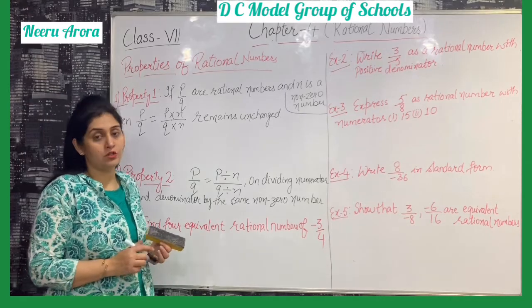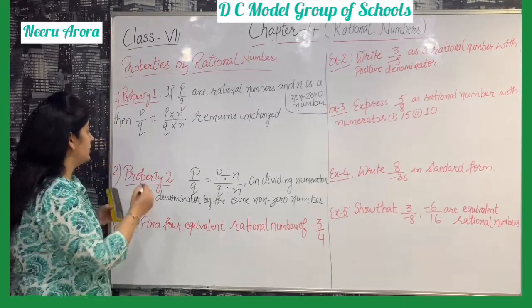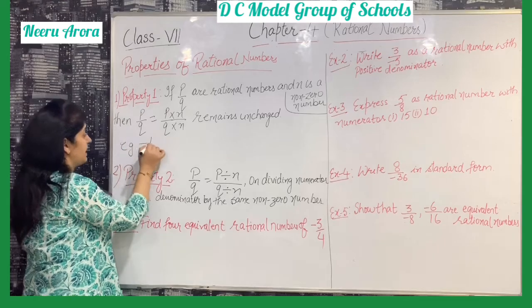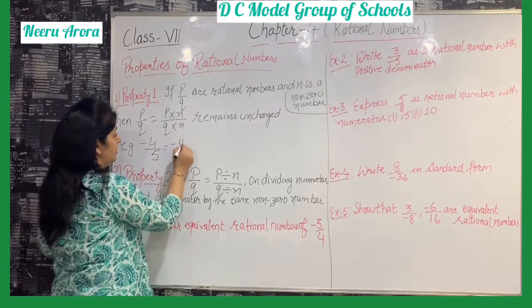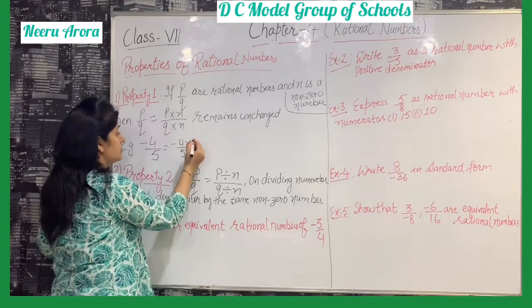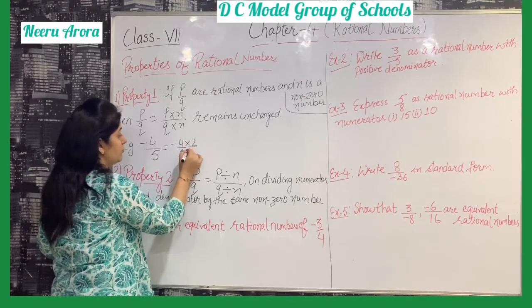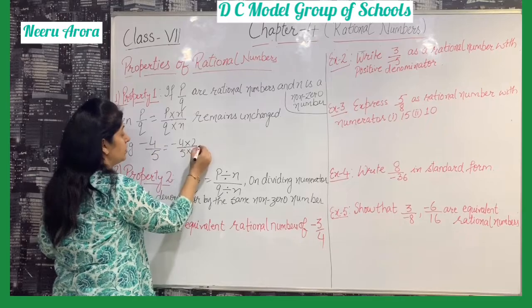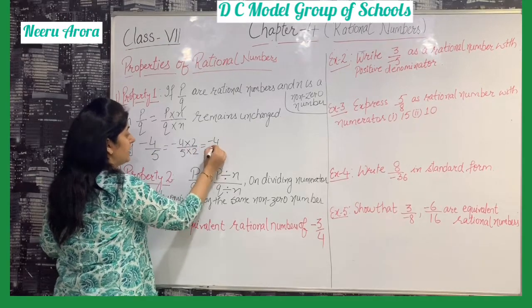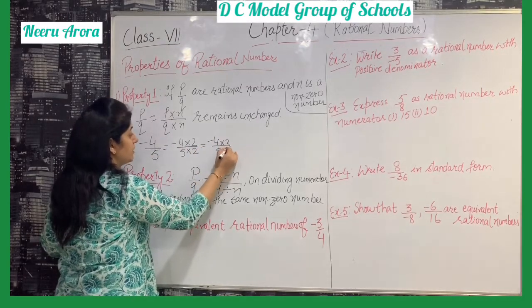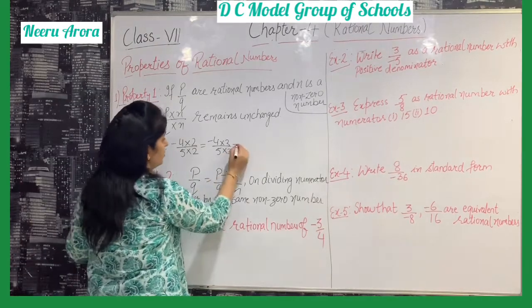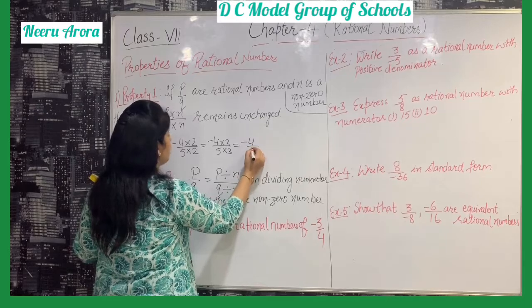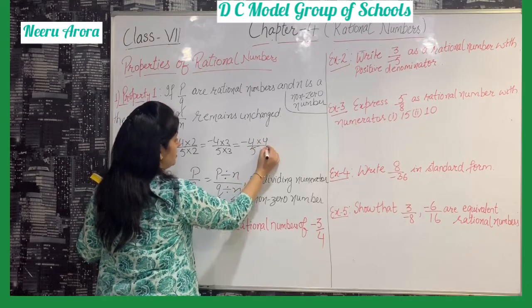the same non-zero number. Look at the example. See, minus 4 by 5 is a rational number. If it is multiplied by the same non-zero number, say by 2, and further again by 3 and 3, both numerator and denominator multiplied by the same non-zero number, the rational number remains unchanged.